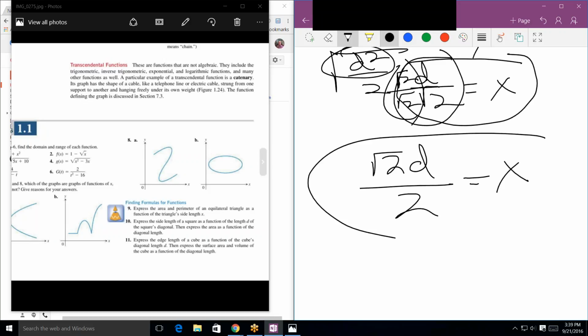So there is the answer to the first part of this, the first sentence. Express the edge length as a function of diagonal length. Well, we did that. Then express the surface area and volume as a function of diagonal length. Well, what's the surface area in terms of x when you have a cube?